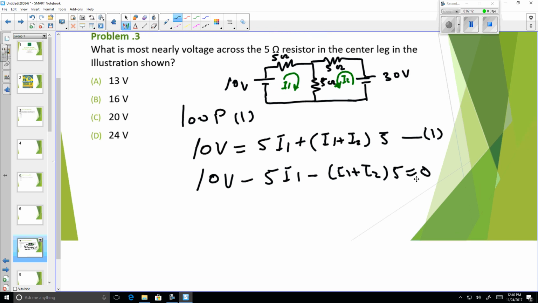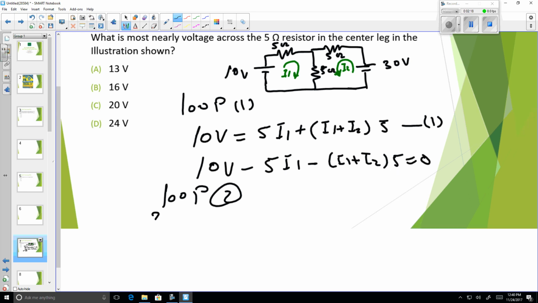Now for loop number two, the only voltage source we have is 30 volt, which is equal to the summation of the voltage drops inside that loop. So that will be 5 I2 plus (I1 plus I2) times 5. So that's equation number two.